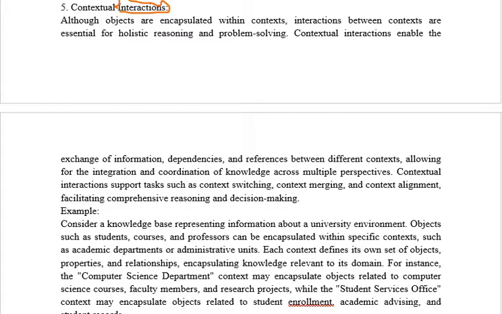Next, contextual interaction supports tasks such as context switching. Context switching means they will be switching the context. Switching is nothing but the exchange of information only. Next, context merging. Merging means also the same, similar. Context alignment. Alignment means if we have any mistakes, they will be aligning. Yes or no? Alignment is nothing but setting that into the correct format.